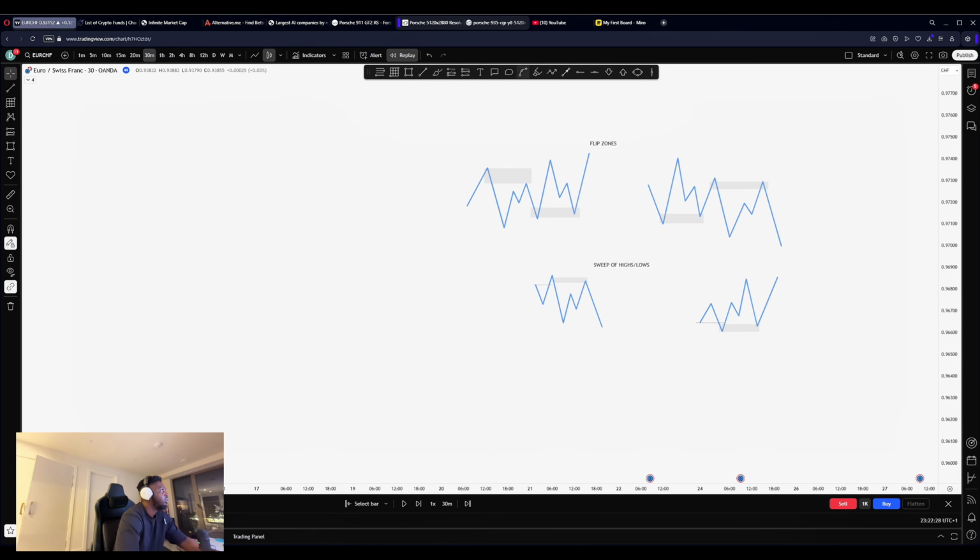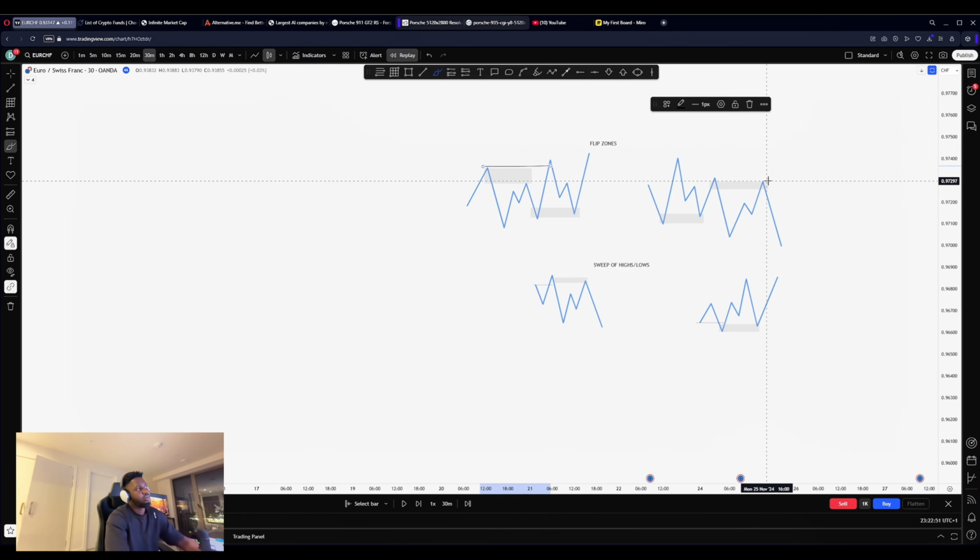Let me just draw it out real quick. Yeah, so there was a break of market structure here which left this order block here, and this is the inverse of it.